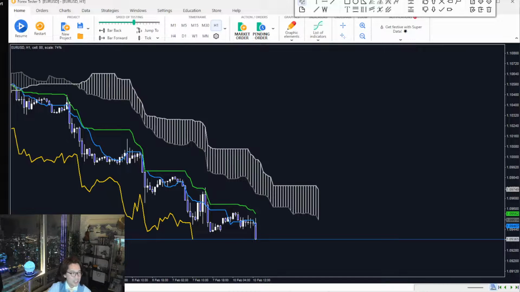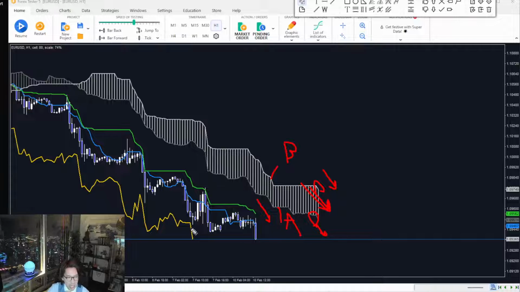Okay, so this is 4 hour, and I check 1 hour, and 1 hour is also a confirmed downtrend. Now I see the Kumo is down, both Senkou span B and A down. Again, the upper part is called Senkou span B, the lower part is called Senkou span A when it's a bearish Kumo. Kijun-sen is pointing down.